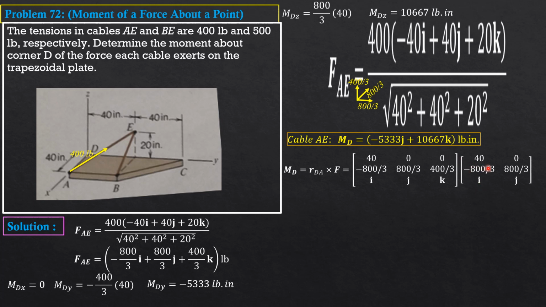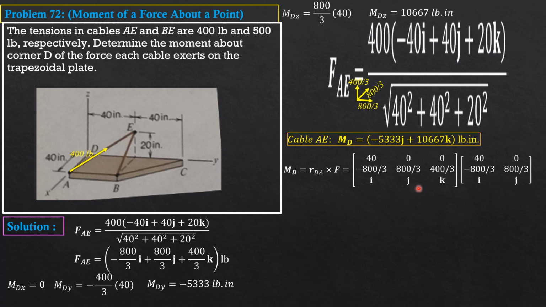Along j, 0 times negative 800/3, so 0. Then minus 400/3 times 40, so that's negative 400/3 times 40. So negative 5333, it checks along y.